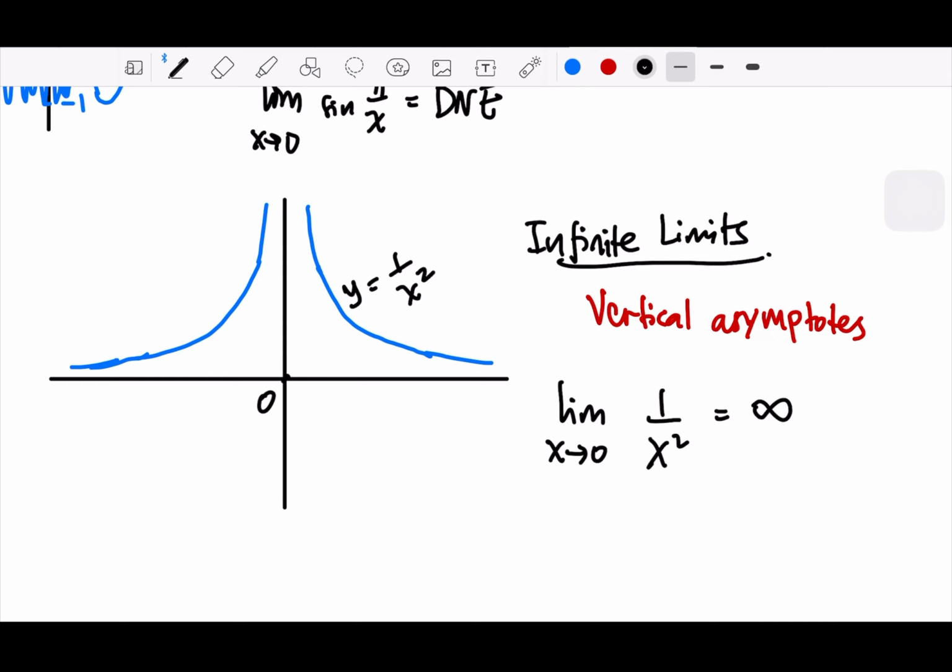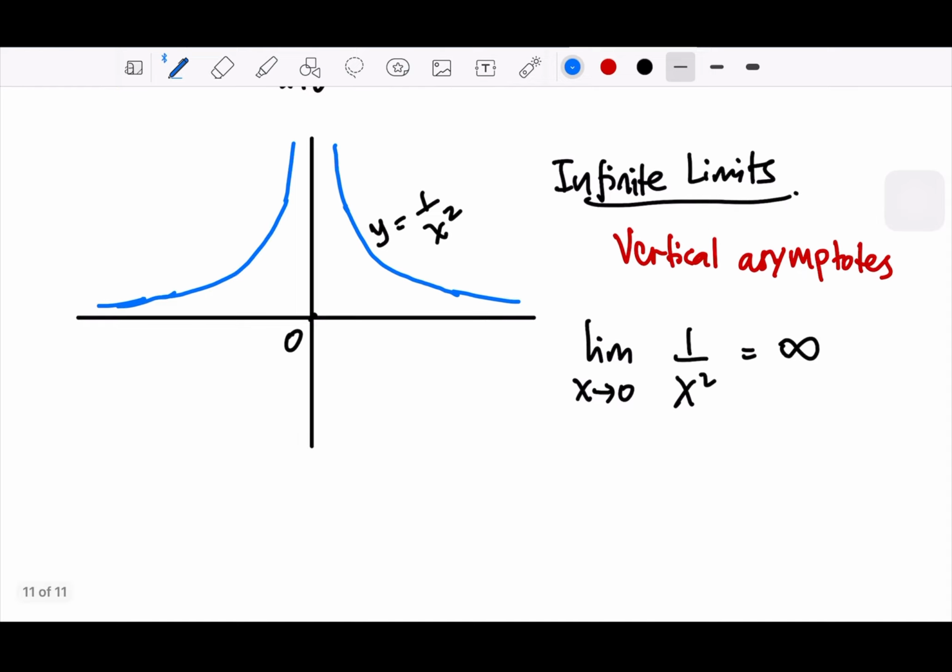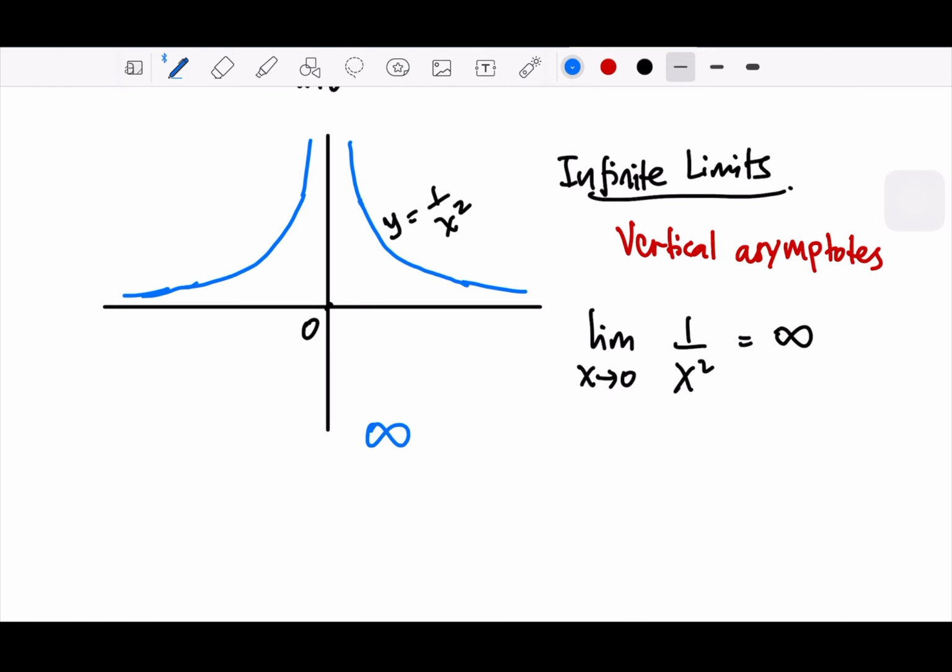And to note what this infinity means, I think I haven't made a statement about infinity. Infinity is not a number. Okay, remember this concept.